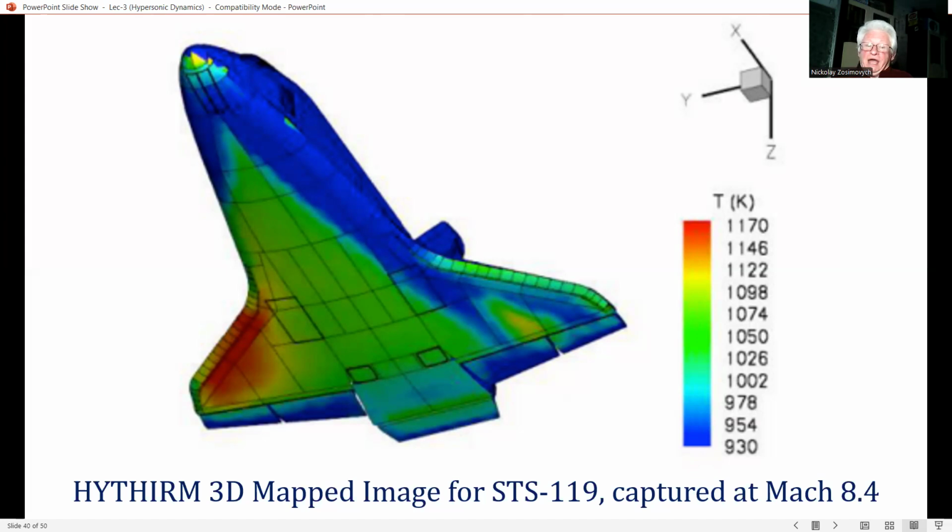In contrast to HABP, however, this new code uses panels on the body surface that are an unstructured mesh of triangles, such as shown in this slide for the surface of the space shuttle. Compared to rectangular panels, this surface grid of triangles allows a more precise definition of complex vehicle geometry.